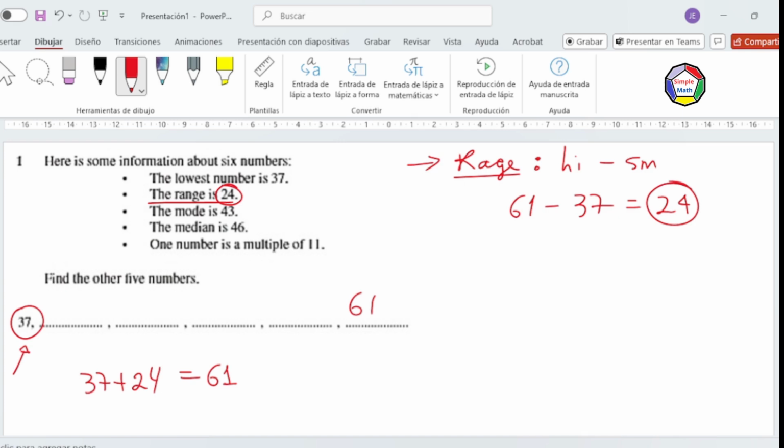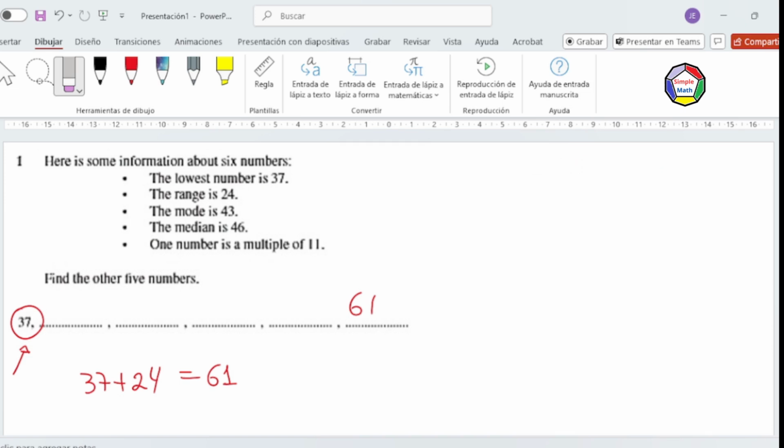This corresponds to the information we have that says the range is 24. So 61 is the biggest number here. So now we have one of the numbers for the distribution, okay? Let's continue reading the information to see what we can get from it.